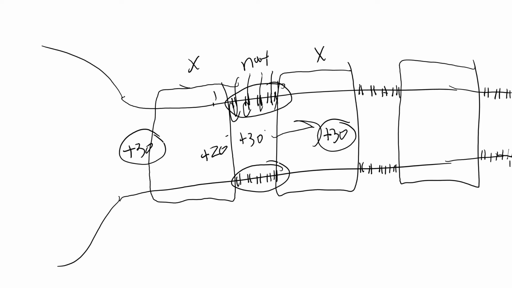But since this section of the axon is wrapped in myelin sheath, very little potassium ions are going to be lost. So as the impulse travels through this section of the axon that's wrapped in myelin sheath, it's not going to decrement much. It's going to stay right around positive 30. Again, maybe it goes down to positive 25, positive 20, I don't know. It decrements some, but not very much.